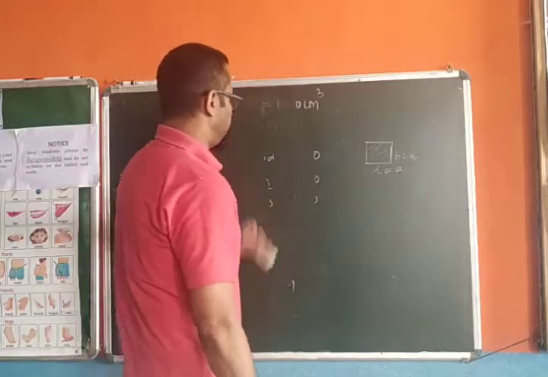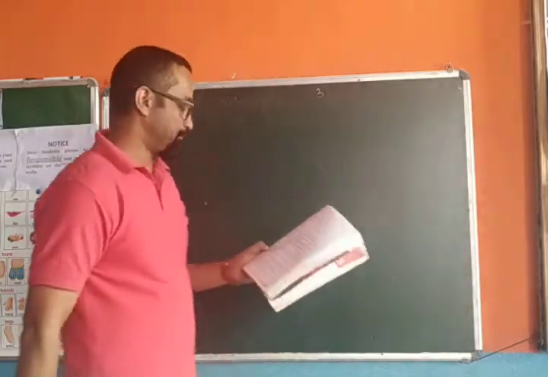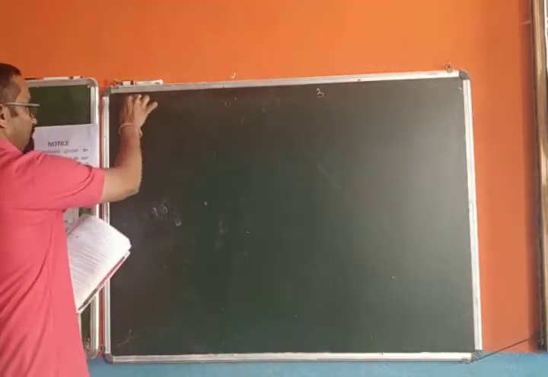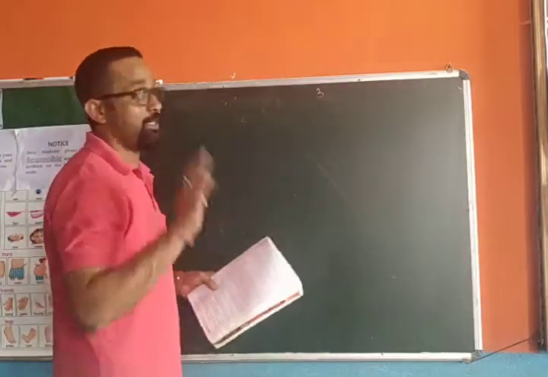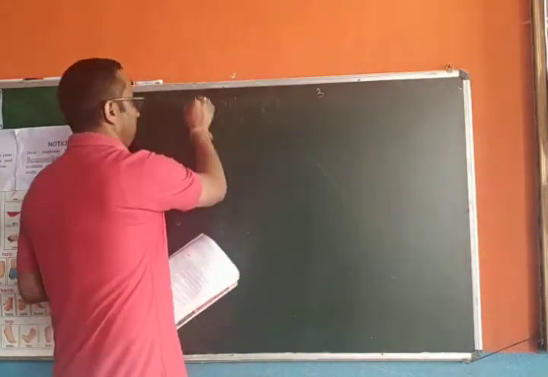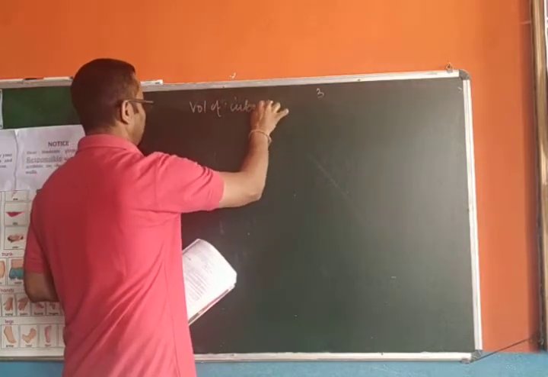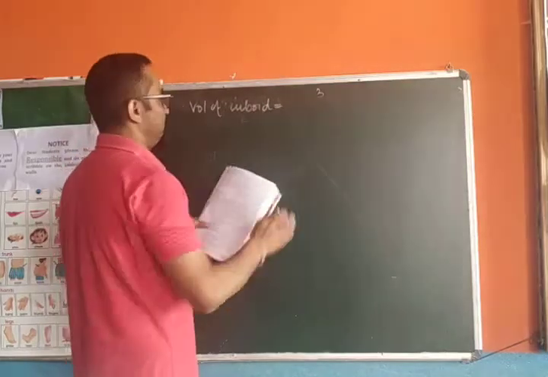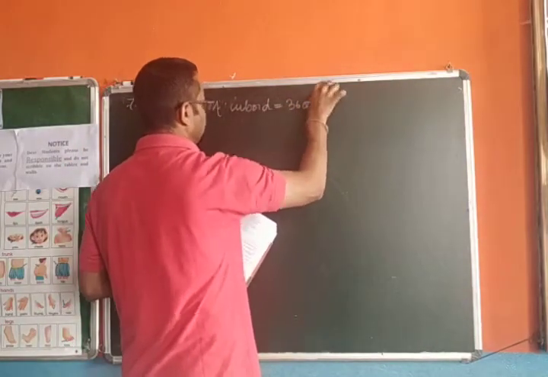Question number 7. Question says that volume of cuboid, it is an important sum. Volume of cuboid is given, which is equal to 3600 centimeter cube.